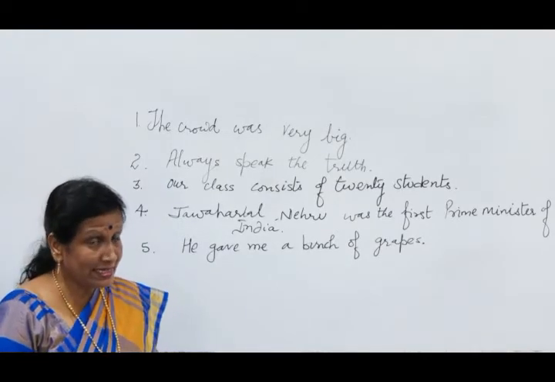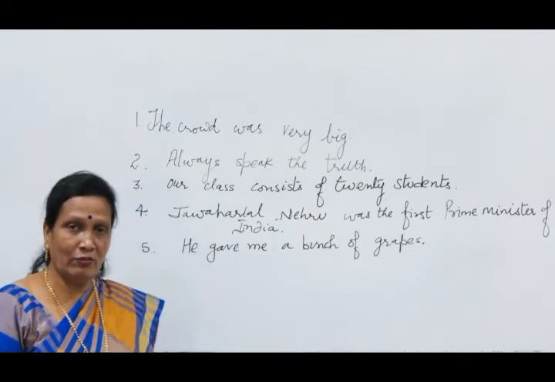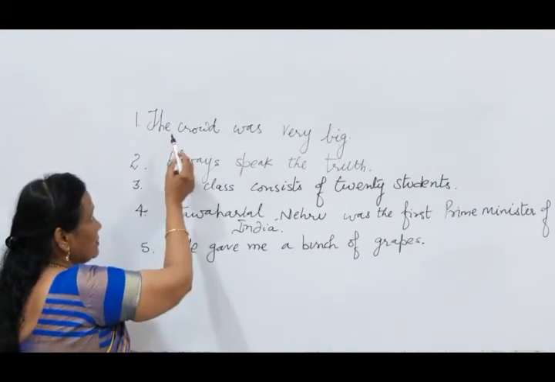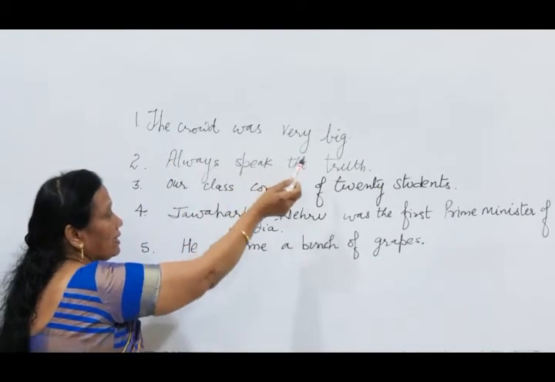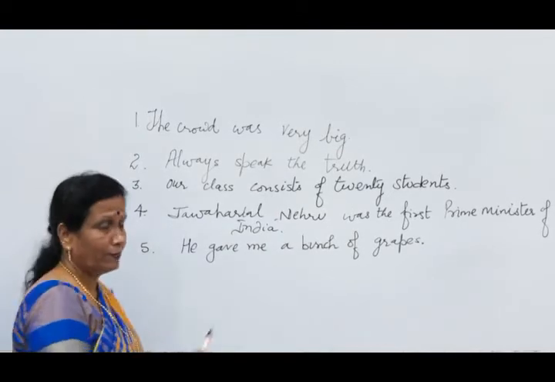Now let's look at some more sentences. So children, let's look at these sentences and try to identify the different types of nouns. Now look at the first sentence. The crowd was very big. Okay, what is the noun here?